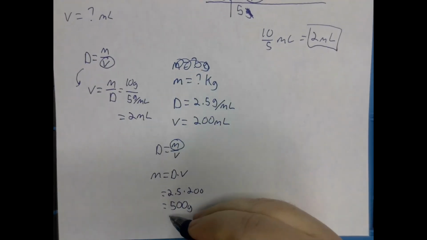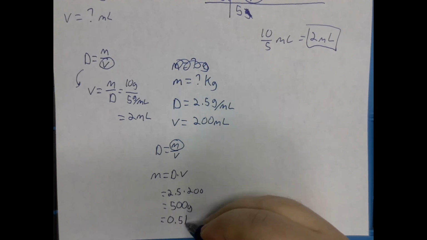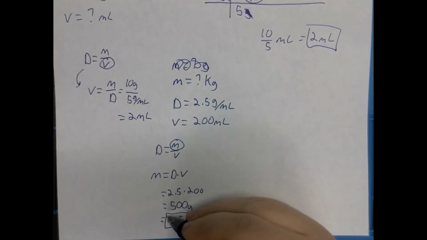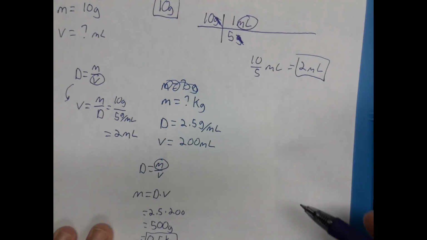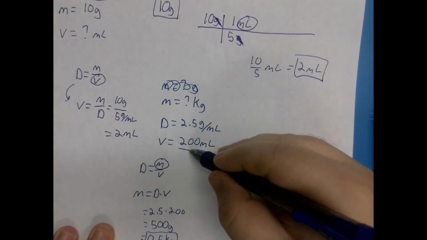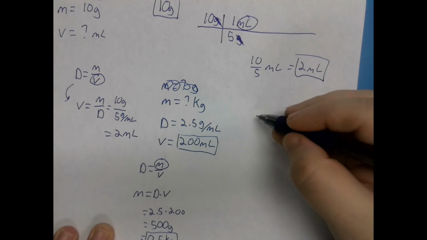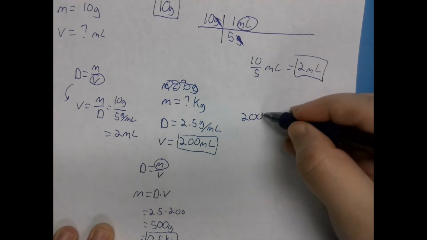But I want my answer in kilograms, so I would divide by 1,000, that is 0.5 kilograms. So that's my answer using algebra and conversion. If I wanted to use dimensional analysis, start with what I'm given. I'm given 200 milliliters.